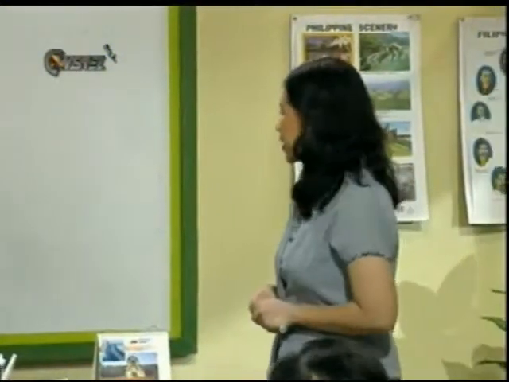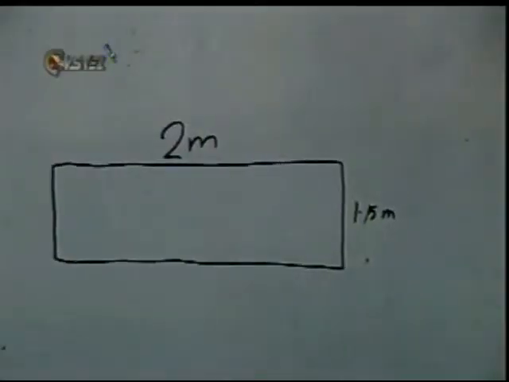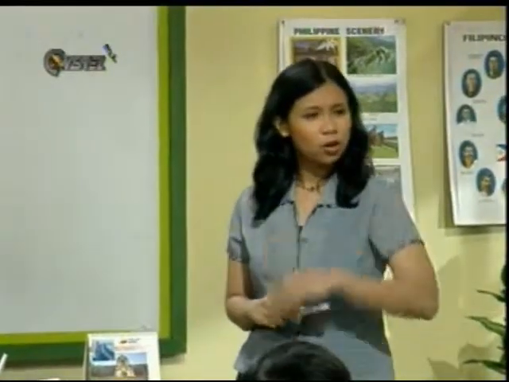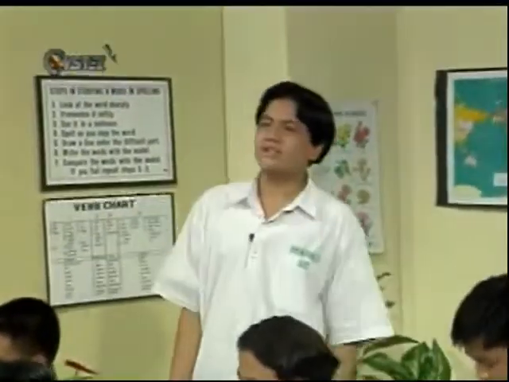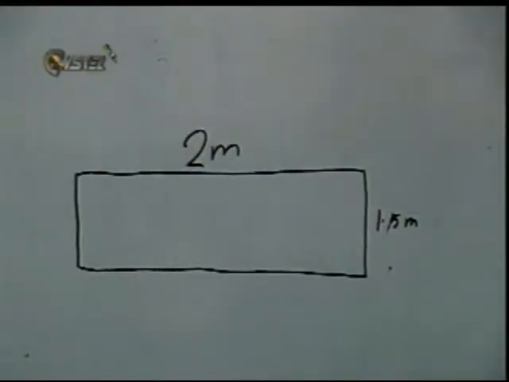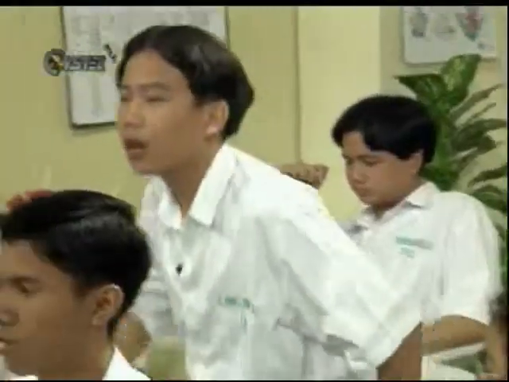What are the facts given? Yes, Jason. The measurement of the metal, ma'am. Okay, now what are the measurements? Wiko. Its length is 2 meters while its width is 1.5 meters. Very good. Okay, now, do you have any other facts? Marvin? Ma'am, the weight is 1.5 kilograms per square meter.